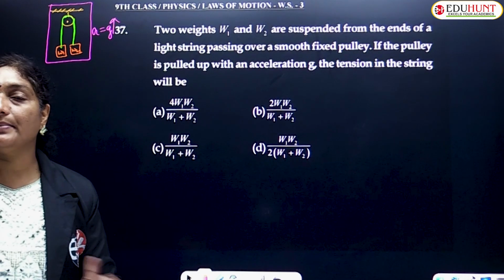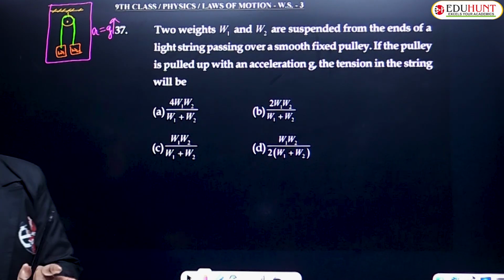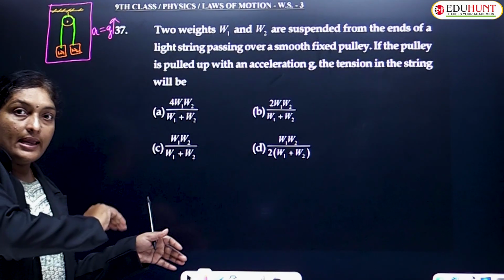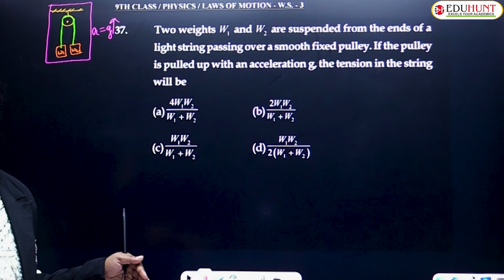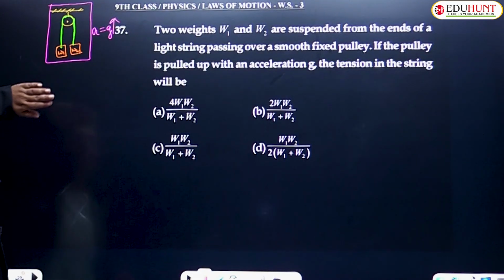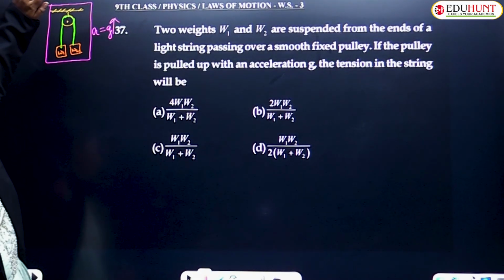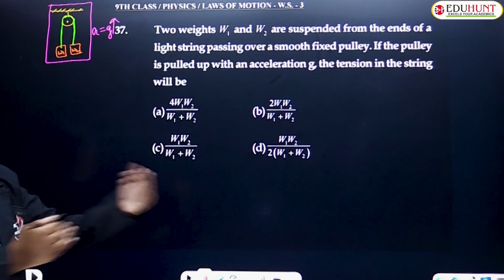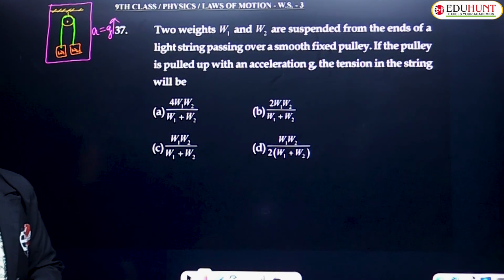So I hope you remember the pseudo forces. Whenever a body is moving in one direction, the pseudo force must be acting in the opposite direction. According to Newton's third law of motion, for every action there must be an equal and opposite reaction.